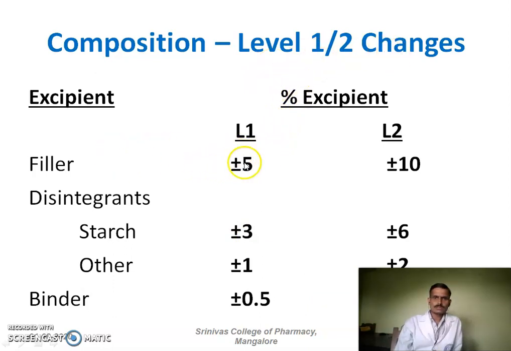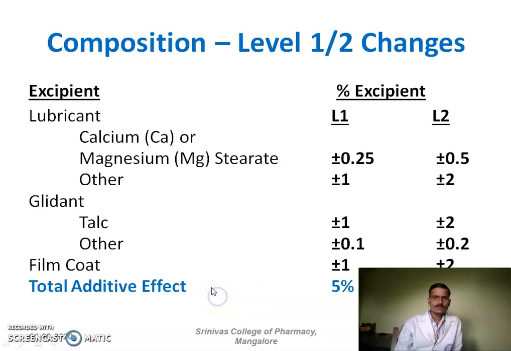Filler can go plus or minus 5%, total plus or minus 10%. For disintegrant, plus or minus 3 for starch and plus or minus 6 in level 2. The other one is given, you can see. Next, excipient lubricant. Okay, here plus or minus 0.25% for magnesium stearate, plus or minus 0.5 in level 2.